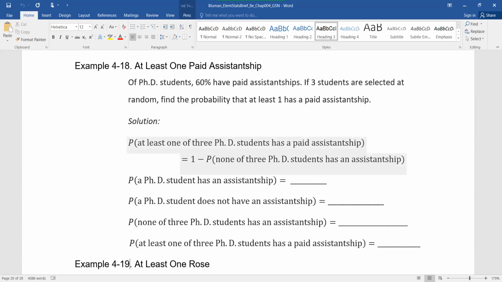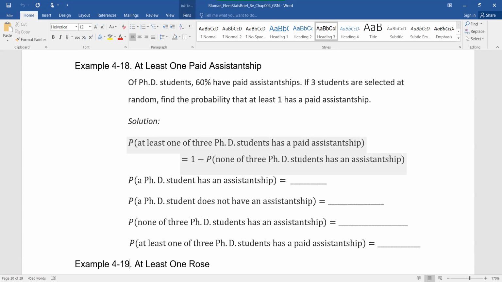We're trying to find the probability that at least one has a paid assistantship. So we need either 1, 2, or 3 to be paid. I'll show you why the math becomes easier this way.